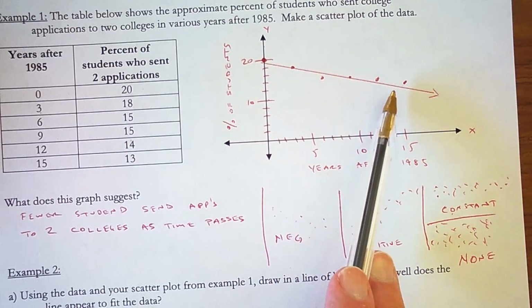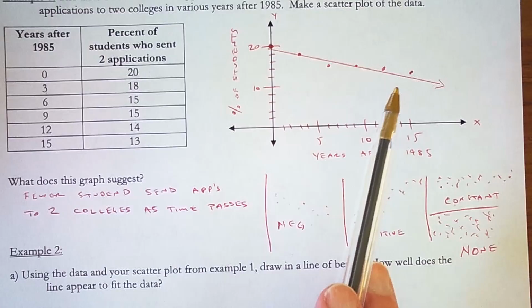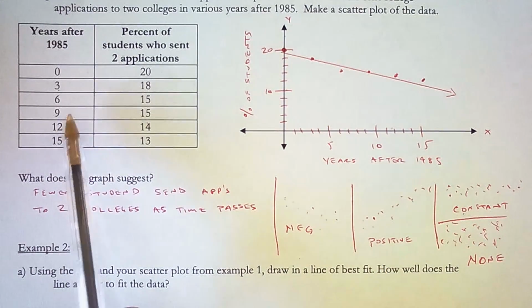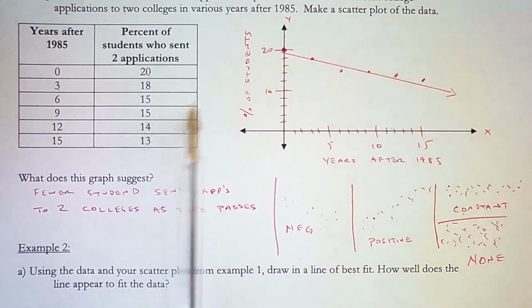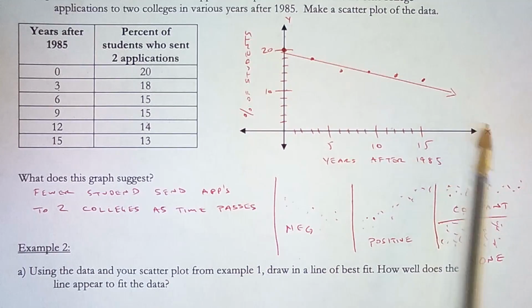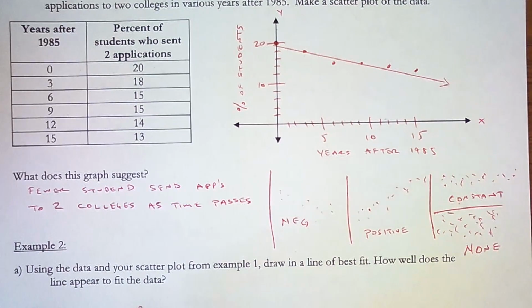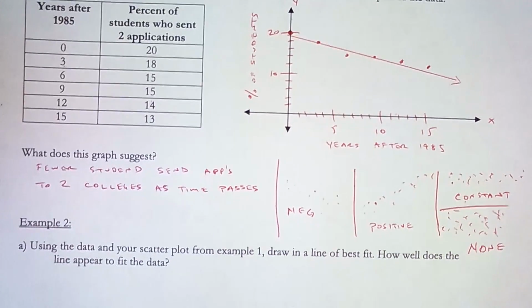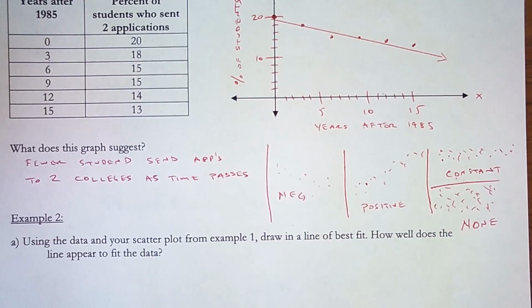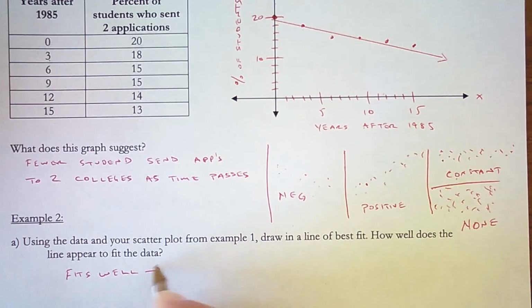Now, how well does this line fit this data? I would say it fits very well, which means there's a pretty strong correlation happening. This is a pretty small set of data, but I would say it's a pretty strong correlation. The line fits well because the data is pretty close to the line.